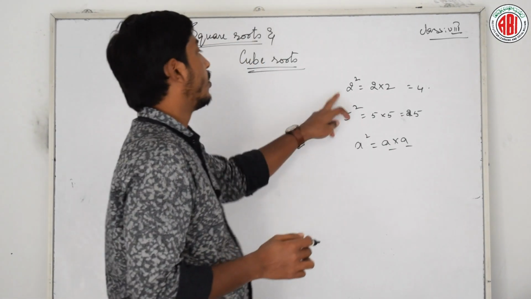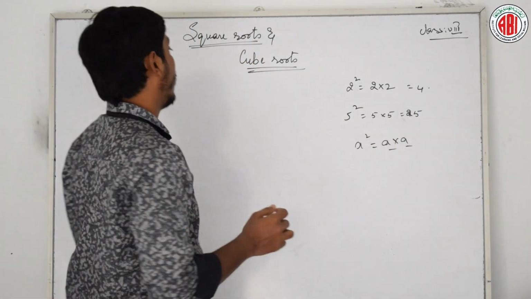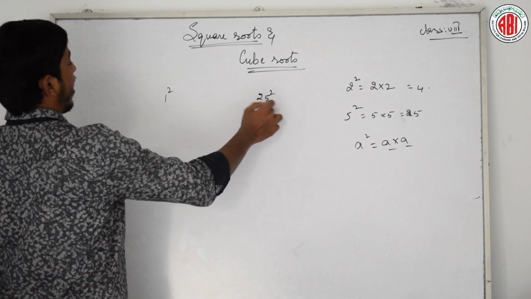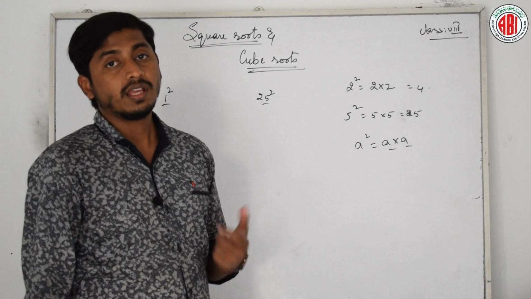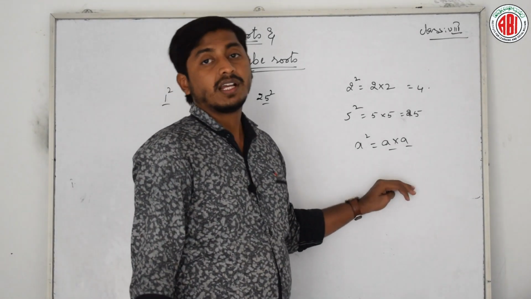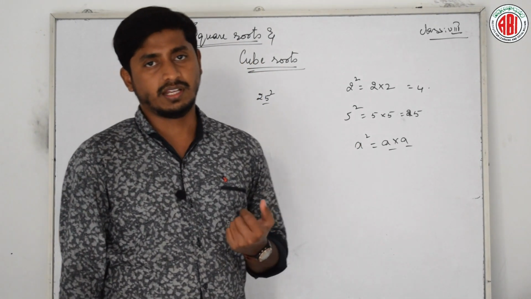Which means 2 square is 4, 5 square is 25. In the same order, we have to learn the squares of 1 to 25. These are mandatory. These are very useful and mandatory till the end of the chapter. Then what is that we are going to learn in this chapter?